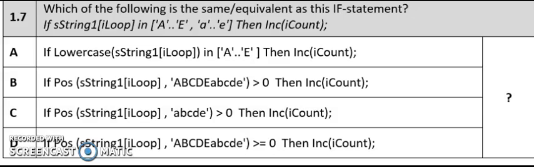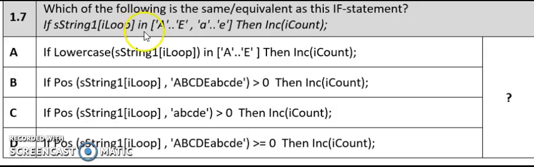Which of the following is the same or the equivalent of this if statement? So we'd have to understand what that if statement is doing. It's incrementing the count, which all of these are doing. So it's not the increment of the count issue, it's what that comparison is doing. And they're all looking at string 1 I loop. We assume I loop's got a value, so they're all comparing the same thing, but the comparisons are different.